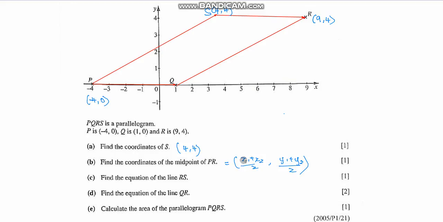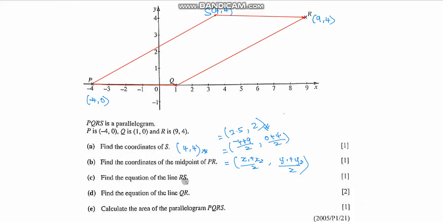So the answer is minus 4 plus 9 over 2, then 0 plus 4 over 2. So minus 4 plus 9 is 5 over 2, to give you the answer 2.5. This 0 plus 4 divided by 2 is 2. So this is the coordinate for the midpoint of PR.